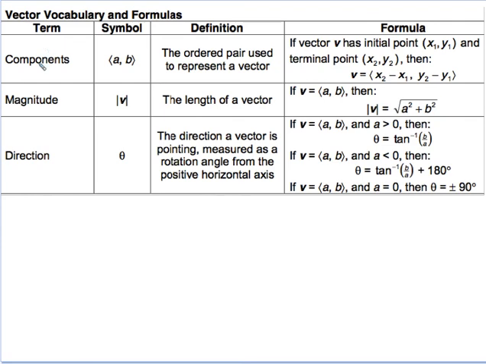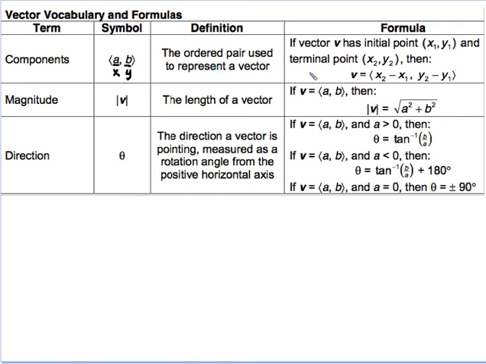So you have three different terms you need to know: components, magnitude, and direction. For components, remember we're using these open and closed arrows in place of our parentheses to indicate it's a vector, not a coordinate point. This would be your x value and your y value, so your horizontal direction and your vertical direction here.